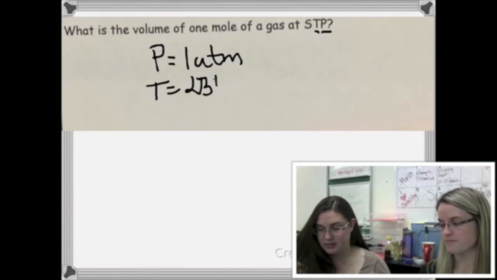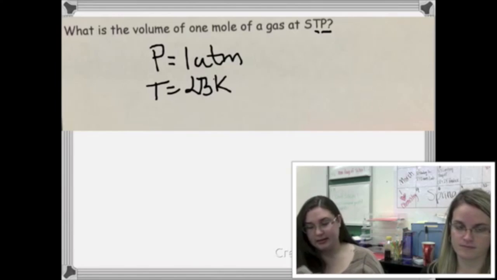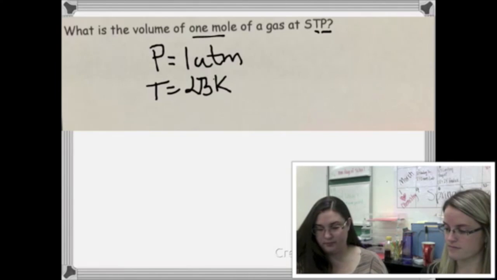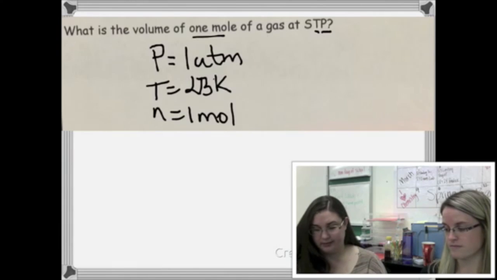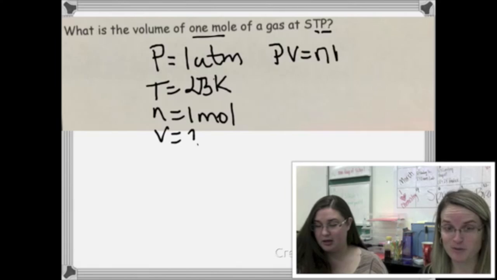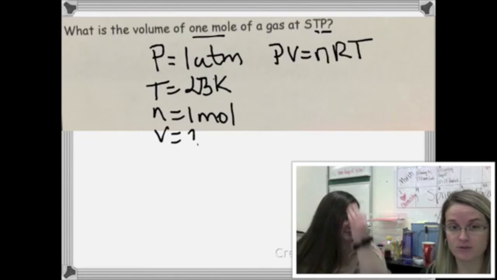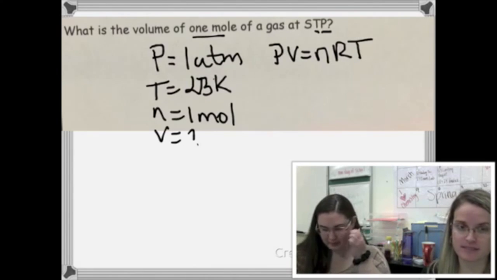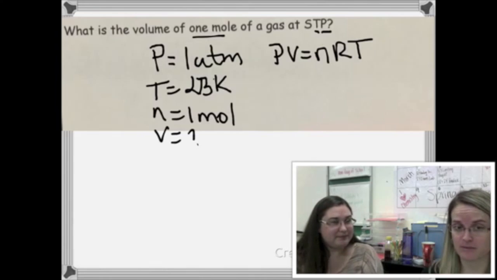I know I have 1 mole, which is an n, and I'm looking for a volume. So that looks like the PV equals nRT formula. It does, but we're going to show you how to set it up using stoichiometry instead, because you can do it a little bit simpler than that.